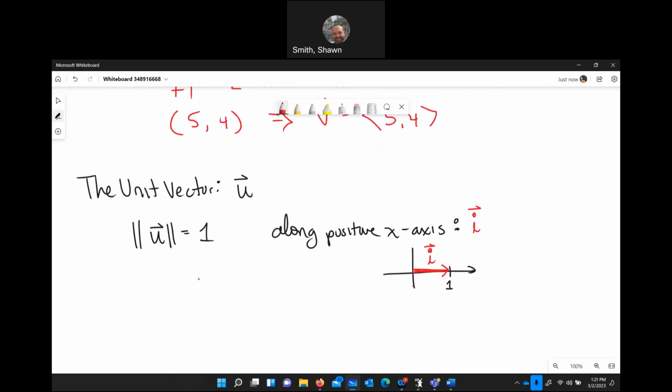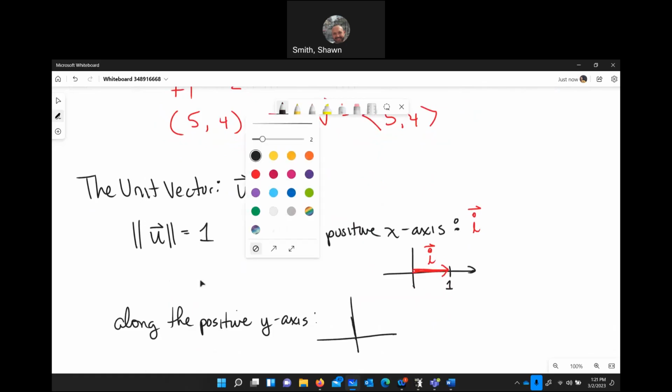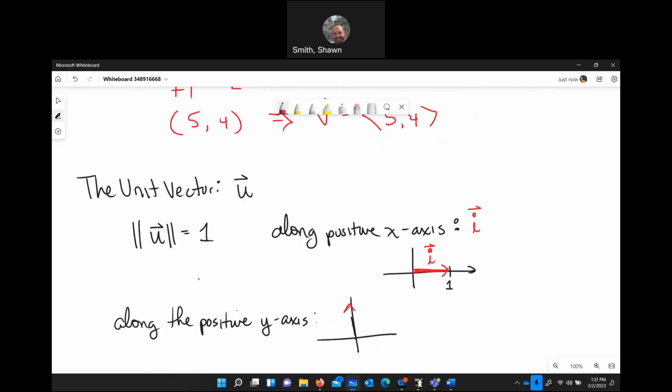And if I'm along the positive y-axis, one unit out, I'm going to call that vector j. Vector i and vector j.